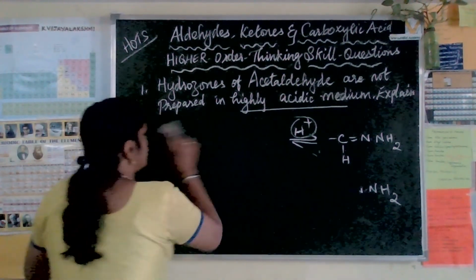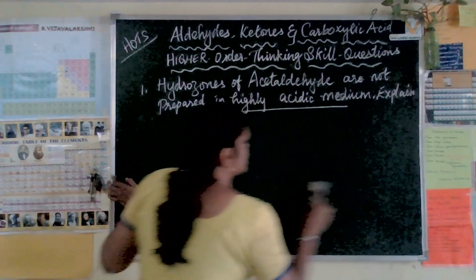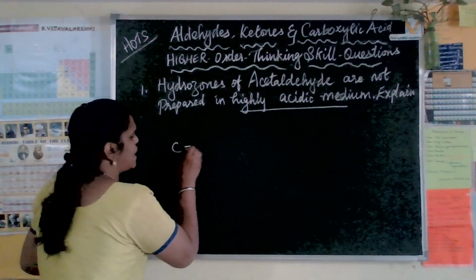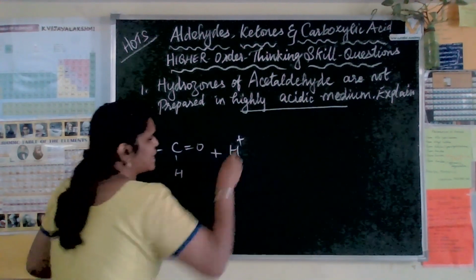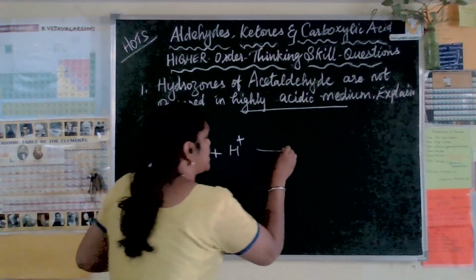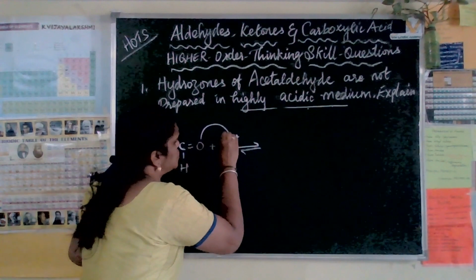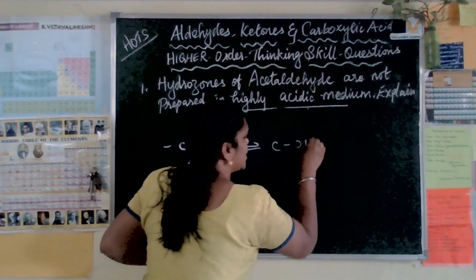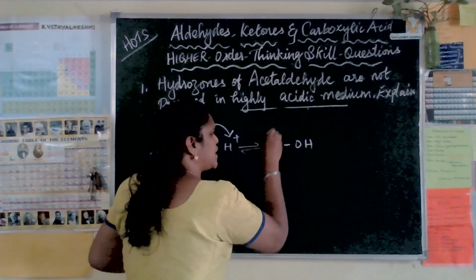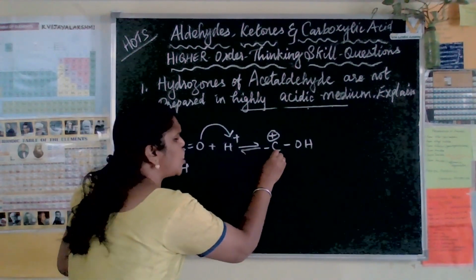What happens when we use weakly acidic medium? This is C double bond O combined with H plus ion. Oxygen goes towards the proton, and you get the protonated carbonyl group, so there is a positive charge on carbon.